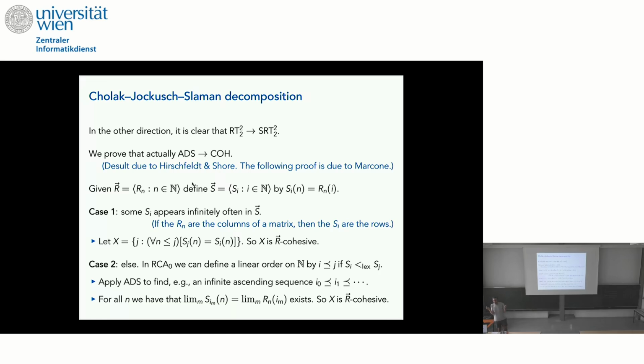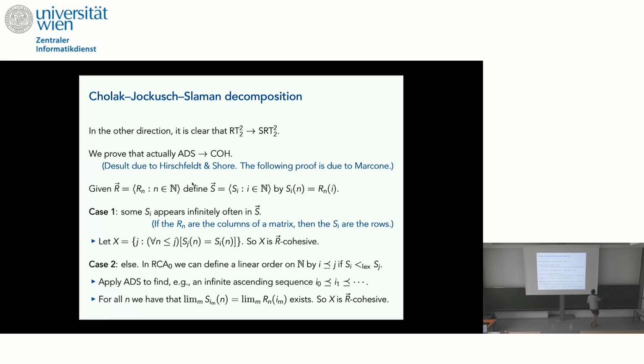If we don't have this, if no row occurs infinitely often, then what can we do? We can define a linear order by just looking at the lexicographic order on the rows, excuse me. Because now they differ, right? So there will be a lexicographic order. They are lexicographically distinguishable, right? Each row is different from another row somewhere, right?